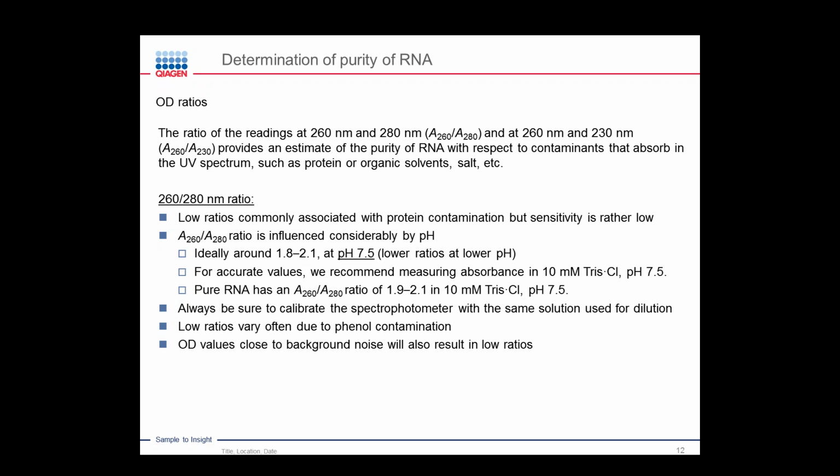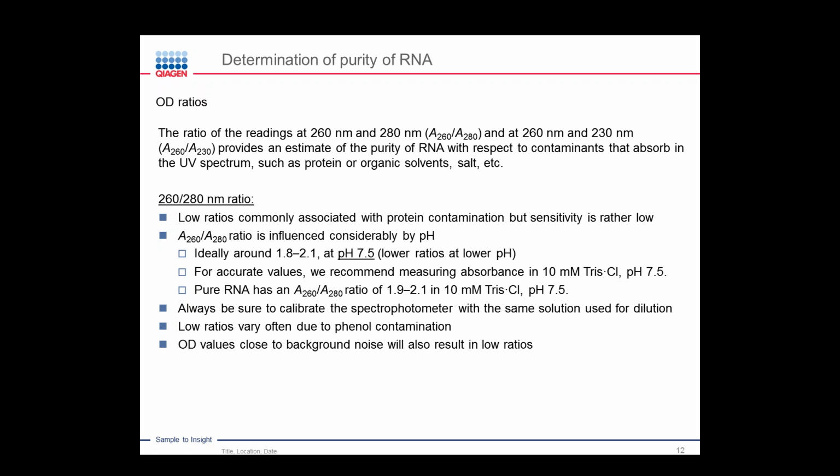For instance, 100% DNA has a ratio of approximately 1.8. This difference is due to the much higher extinction coefficient that nucleic acids have at 260 and 280 nanometers compared to that of proteins.